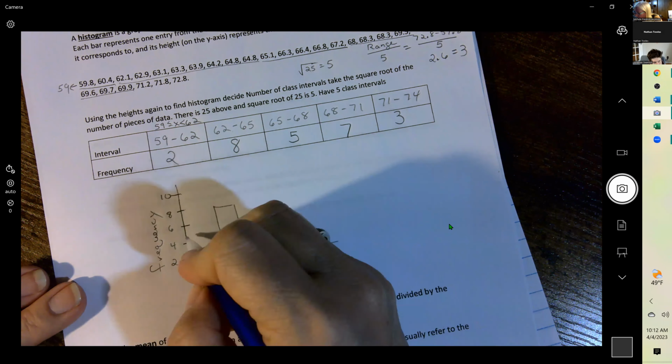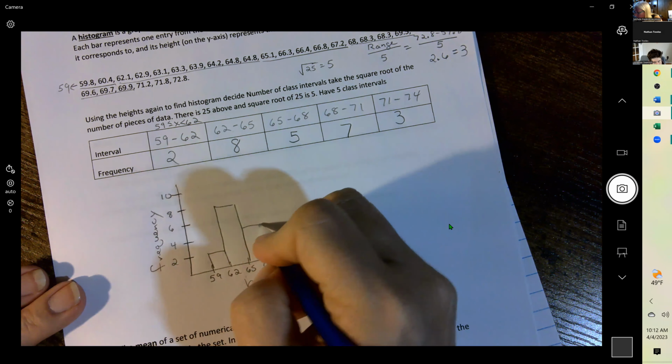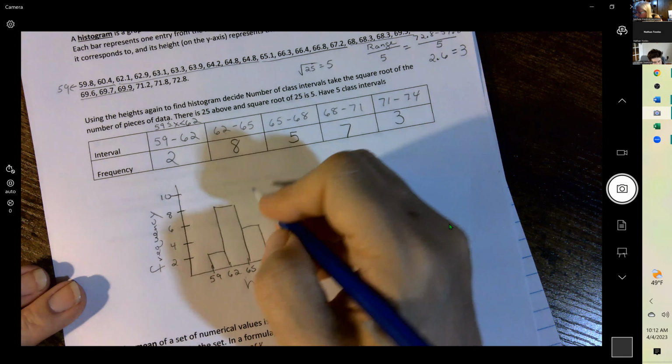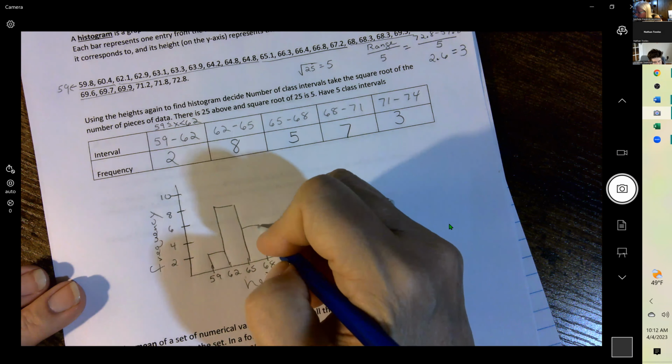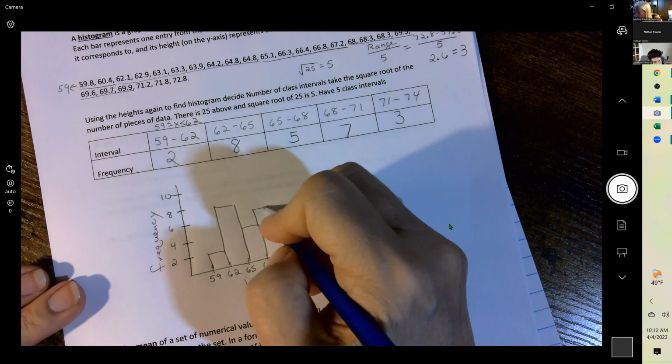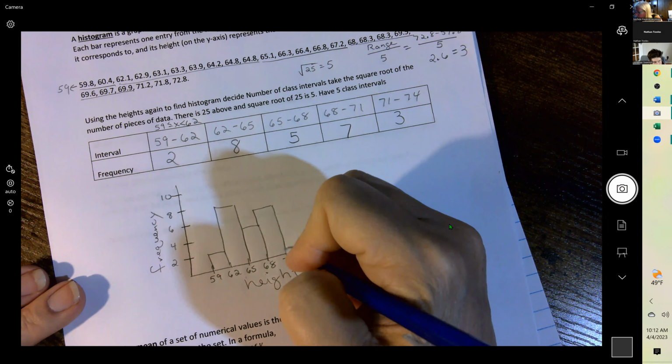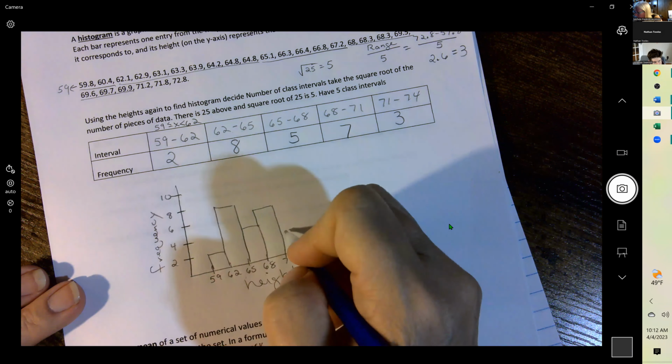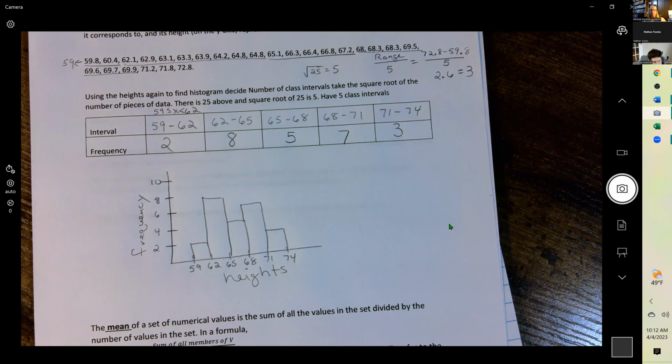And then 5, 7, and 3. And that would be your histogram. Any questions?